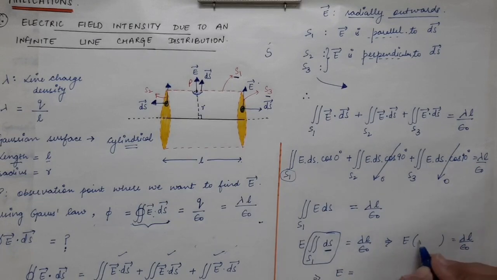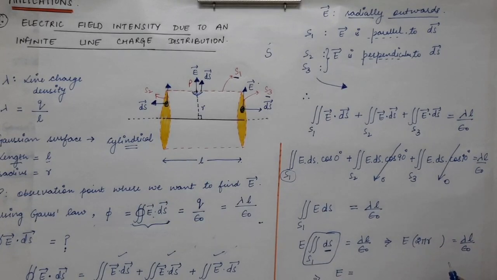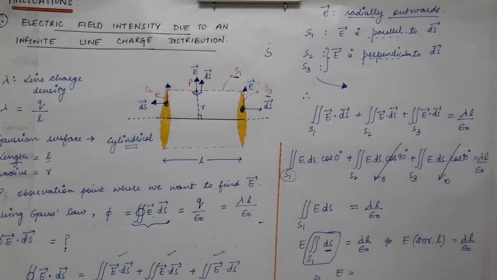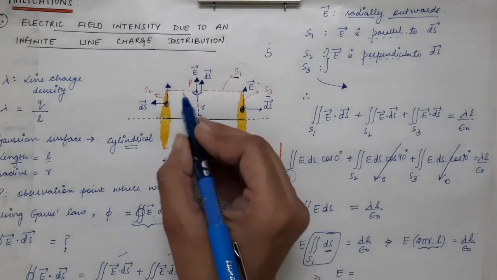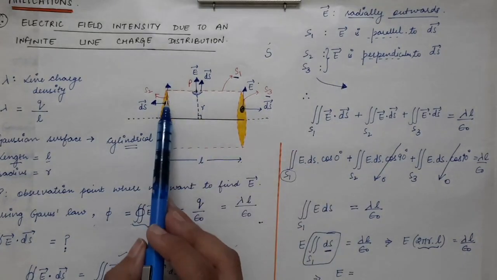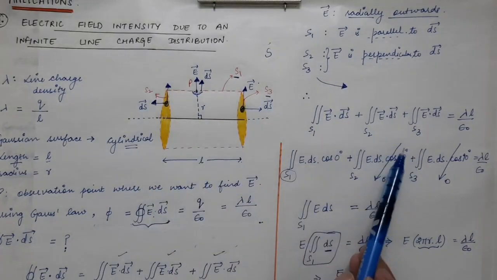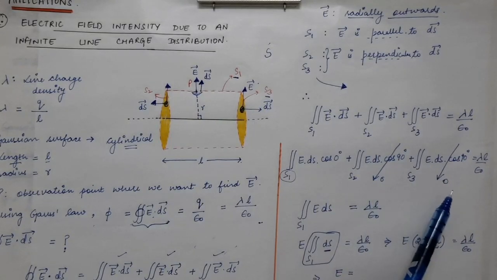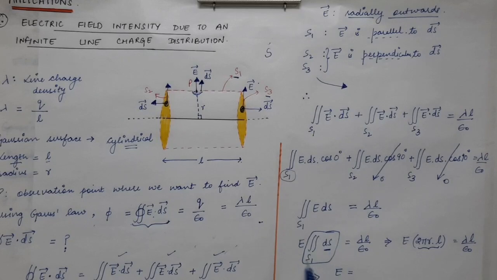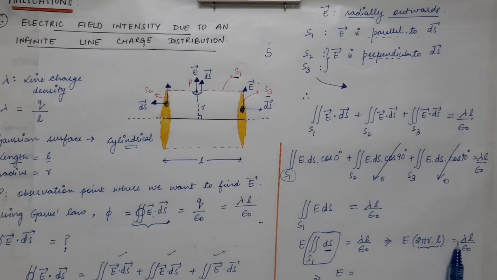It is equal to 2 pi r into the length of the cylinder, and the length of the cylinder is nothing but L. So the curved surface area of the cylinder will be equal to 2 pi r into L. Here you have only the curved portion of the cylinder, whereas on the other surfaces S2 and S3, the integral has been put equal to 0. So E into 2 pi r into L will be equal to lambda into L divided by epsilon naught.